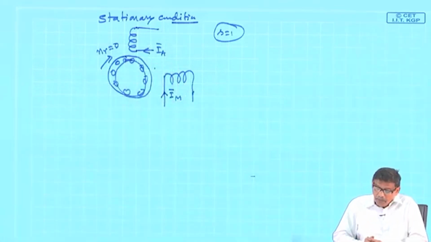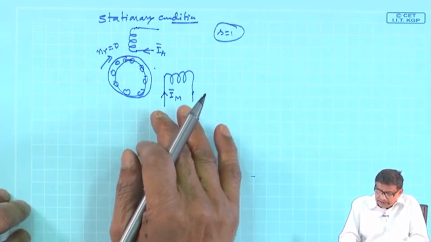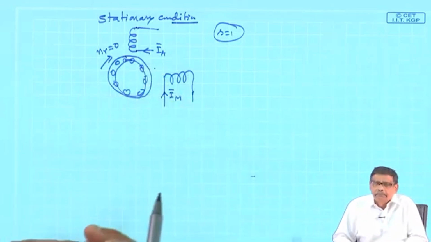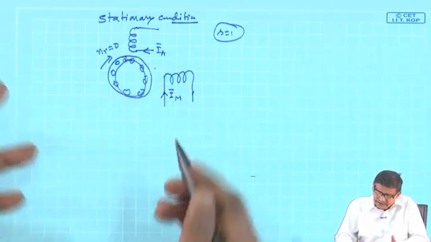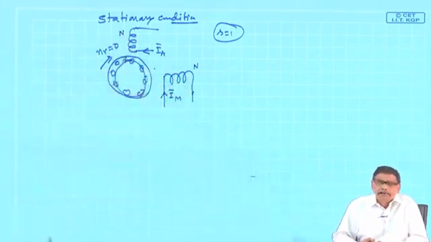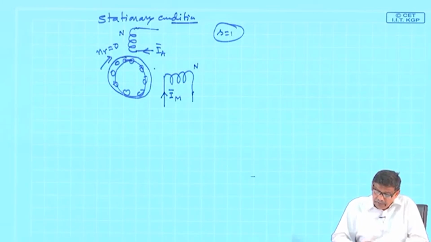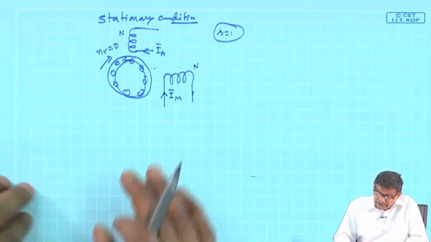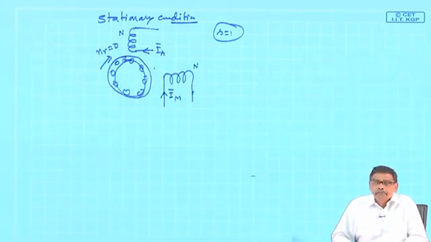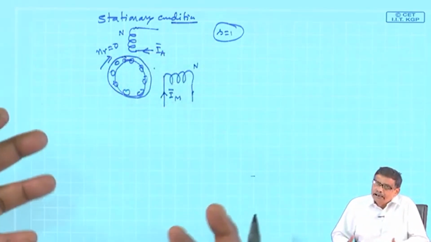Now, obviously these two currents, let us not assume that these two coils are balanced, except that suppose the number of turns are the same. We will be doing the more general case. What I am trying to say is that this main winding current and auxiliary current may not be balanced.